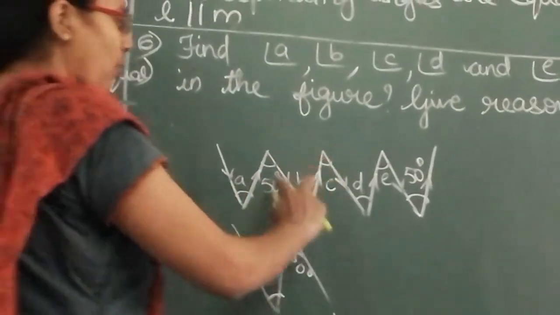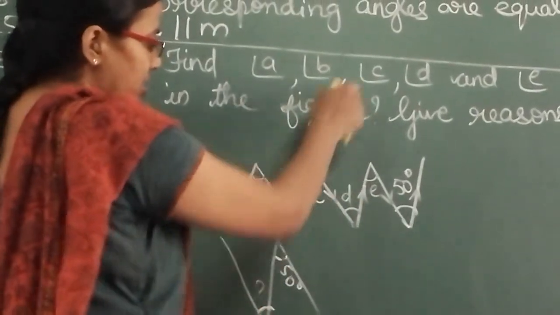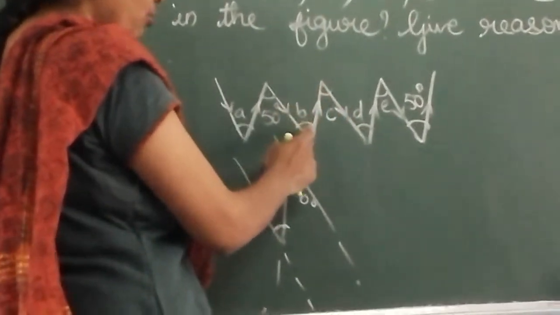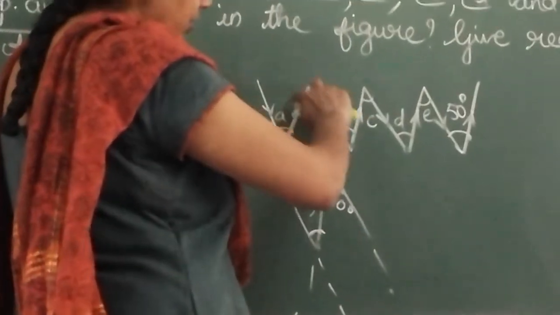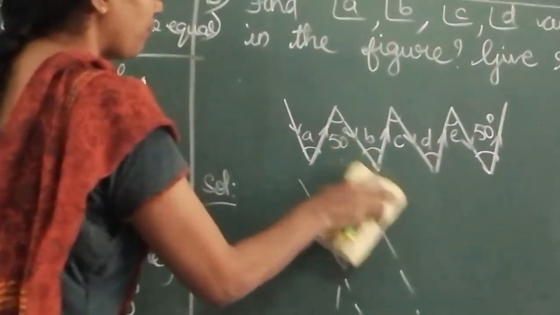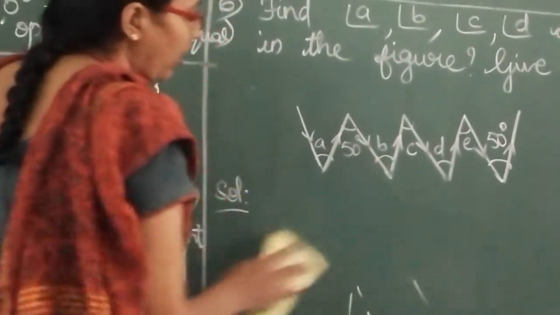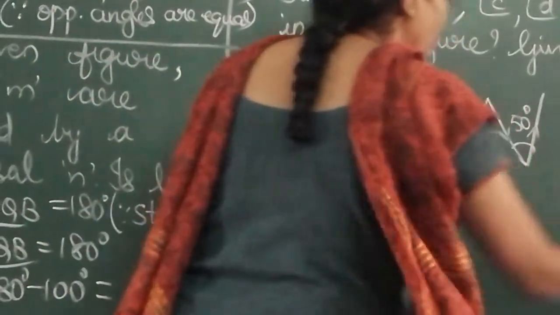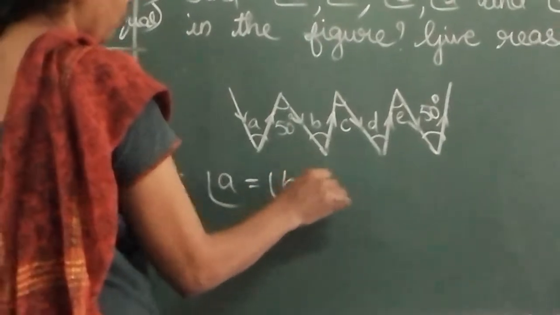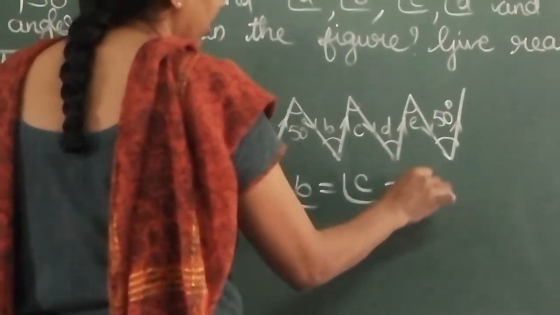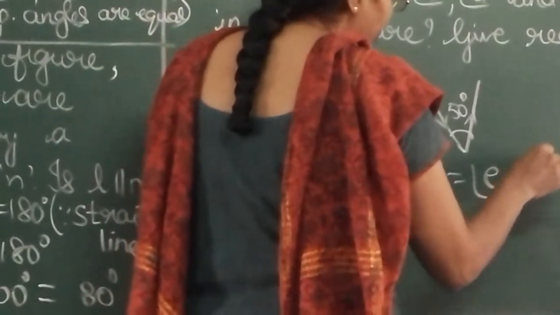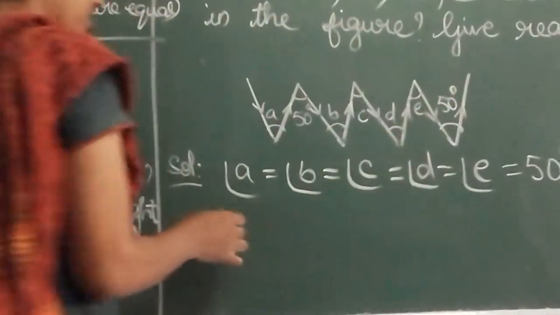In the same way, if you take these two lines, this is the transversal. Again this will be equal to this, and each time you take, you get that all of them are alternate interior angles. So here angle A is equal to angle B is equal to angle C is equal to angle D is equal to angle E is equal to 50 degrees. What is the reason?